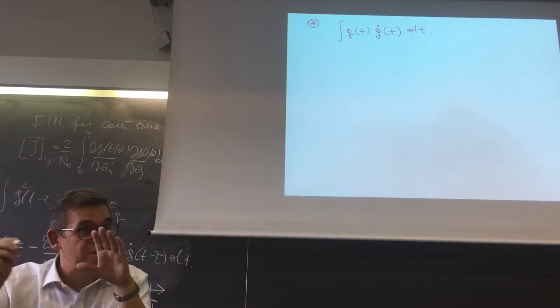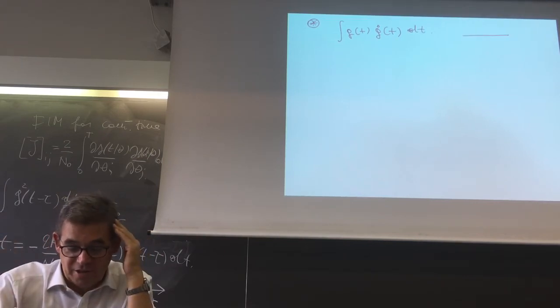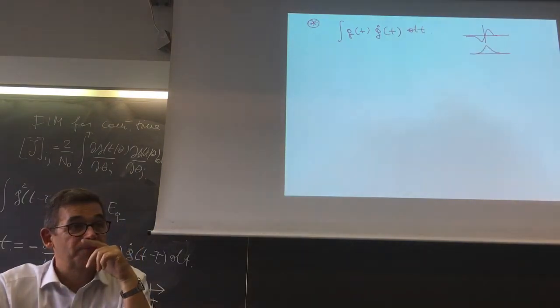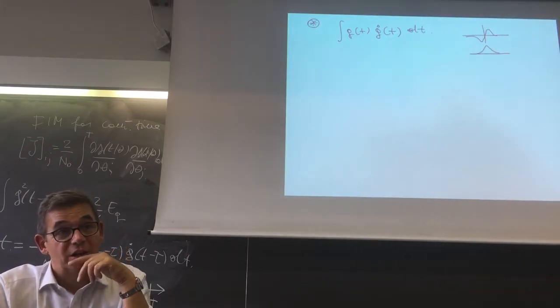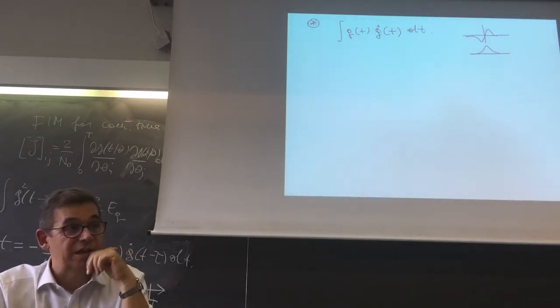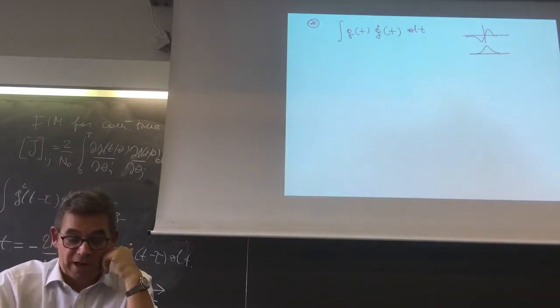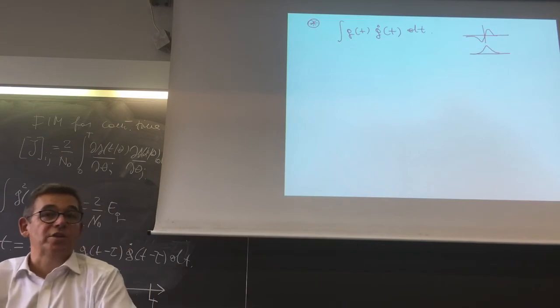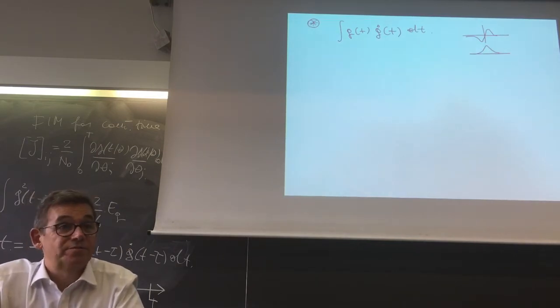Odd function and even function. Do you know what is odd? If I calculate the integral of a product between an odd function and an even function, it's odd and is 0.